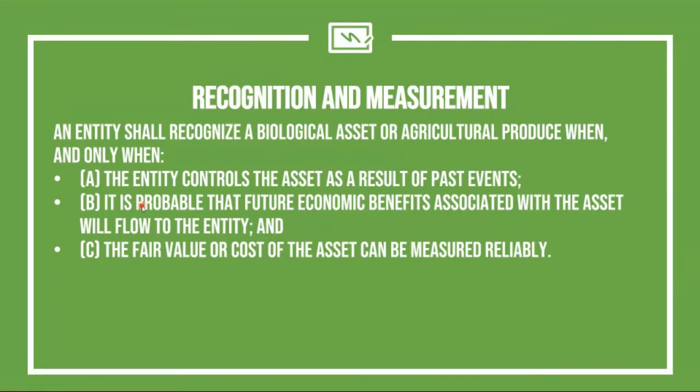Meaning if the asset item already satisfies the definitions provided by IAS 41 and it is within the scope of IAS 41, you simply need to check if letter A, letter B, and letter C are all satisfied before we recognize the biological asset or the agricultural produce.